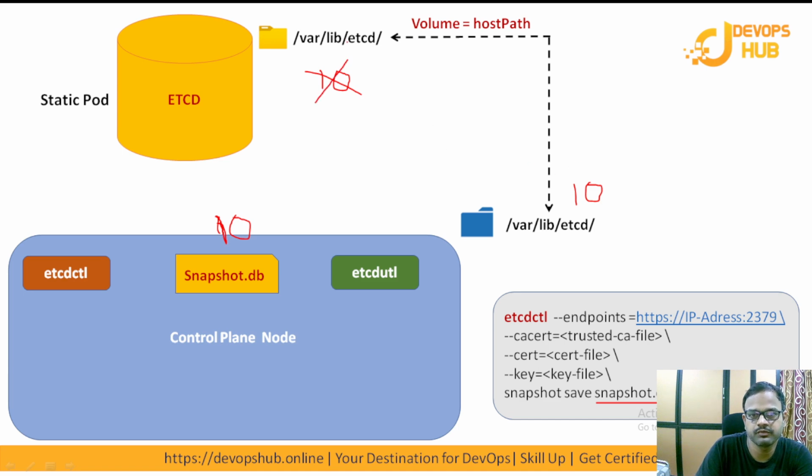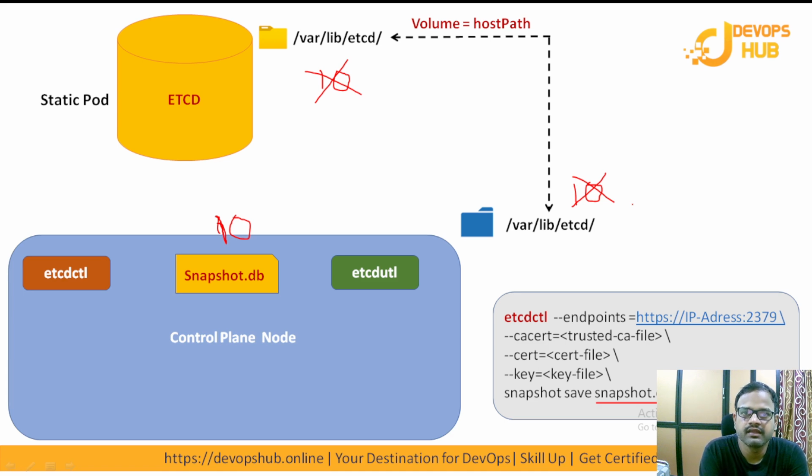The moment we do this, the kube-apiserver is going to save the details in etcd. That is, now in etcd also the 10 deployments are deleted, in the etcd state, which is part of the control plane node, at /var/lib/etcd. Now if you give a command like kubectl get pods, you will not get anything. kubectl get deployment, you will not get anything.